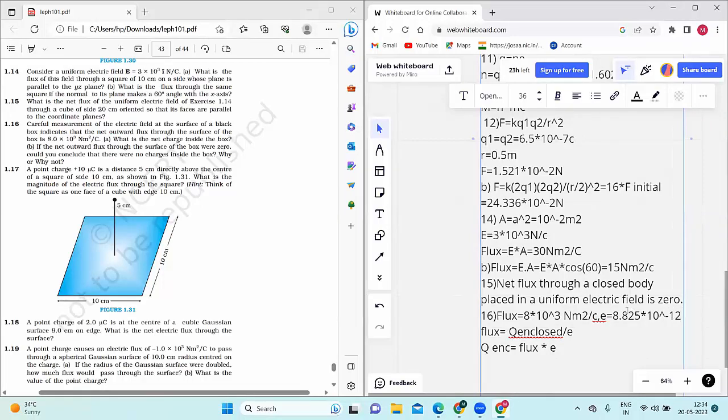So by using these both values, we can find the charge enclosed, which we will get as 7.08 into 10 power minus 8 coulomb.